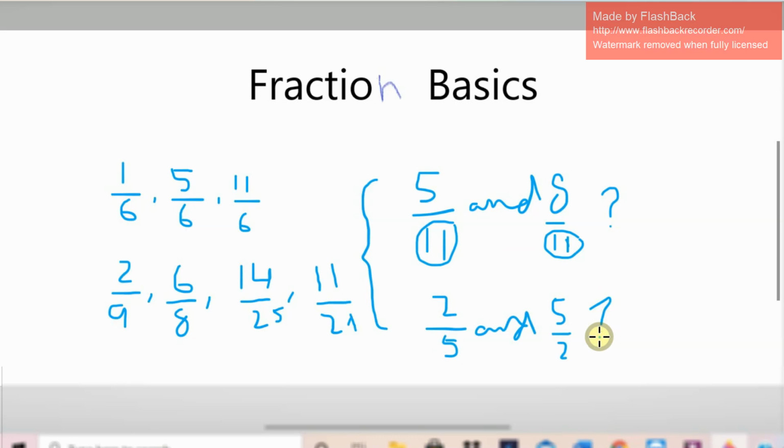As we know, we have dissimilar denominators, therefore they are unlike fractions. Like fractions are fractions with similar denominators, unlike fractions are fractions with different denominators.